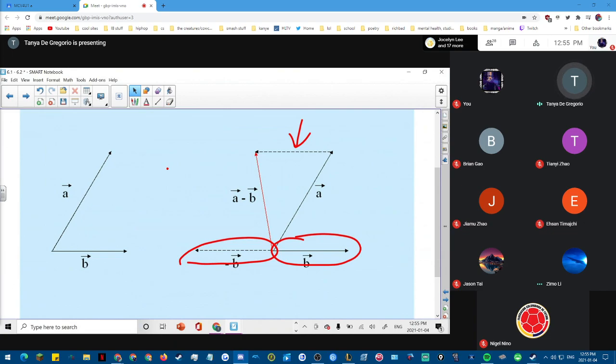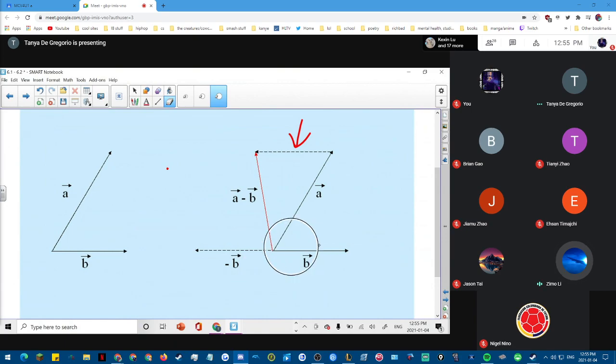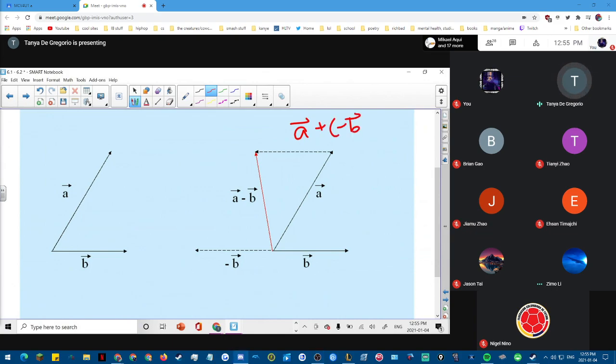It doesn't make sense to you? Yeah, because in example 2, we are adding 2 vectors together. So look. Do you see that? Right, I got it. Okay.